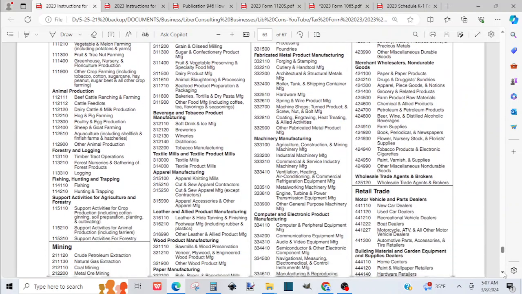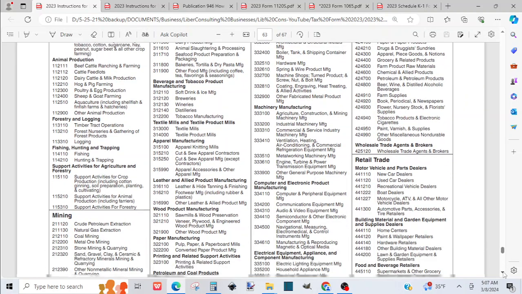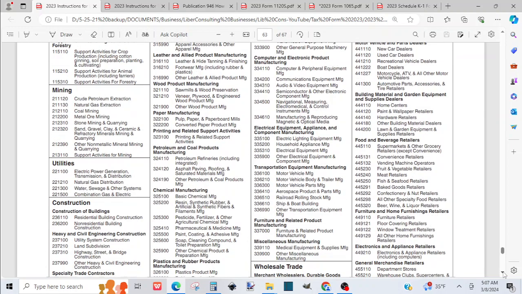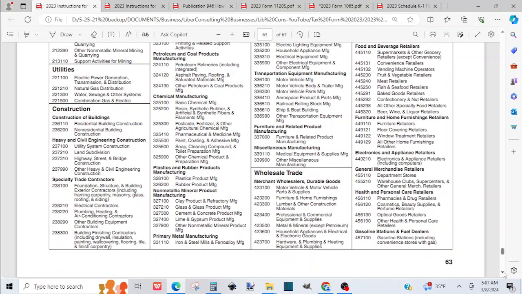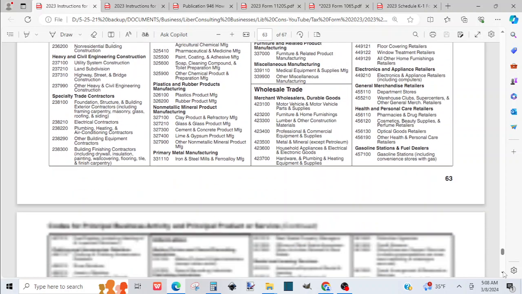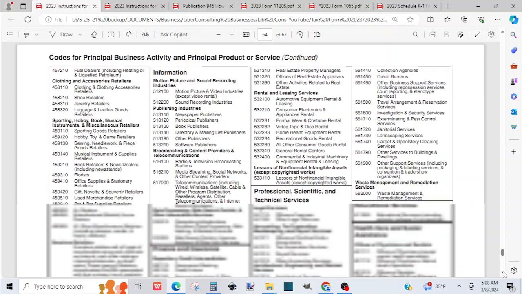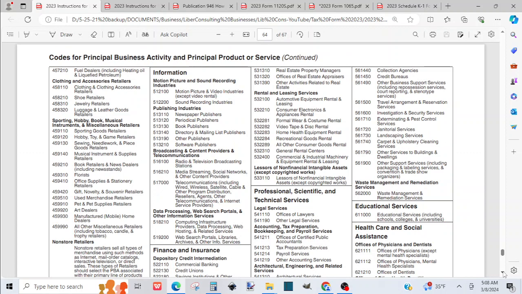And if you are a non-retailer, they changed it last year or so. Non-retailers, people that sell online, who don't have brick and mortar, do not have a code number for that anymore.